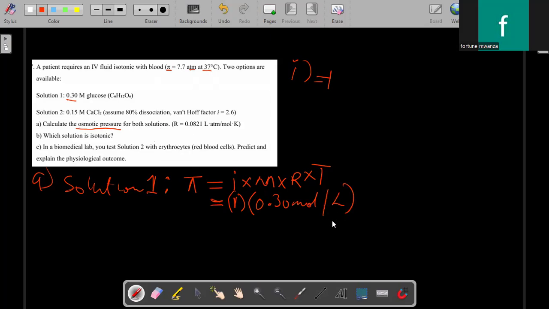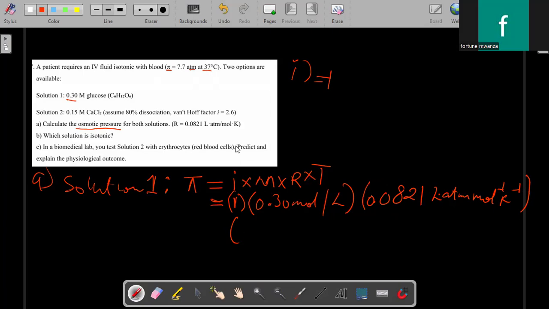Then I have my gas constant, which is 0.0821 liters atmosphere per mole Kelvin. So this is the gas constant times the temperature.